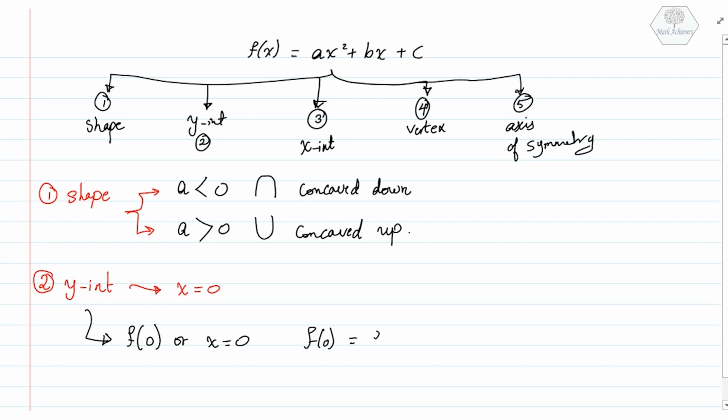Then we have a times 0 squared plus b times 0 plus c, giving us c as the y-intercept. I hope it's clear till now.